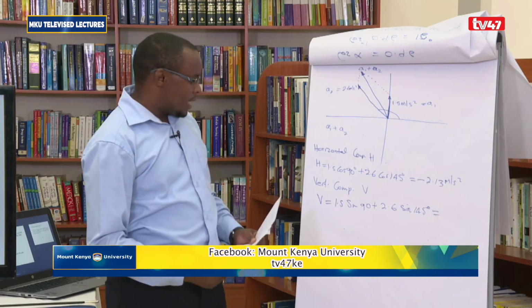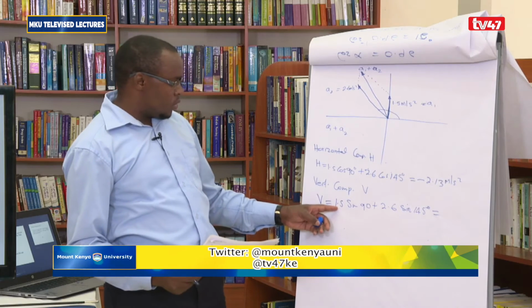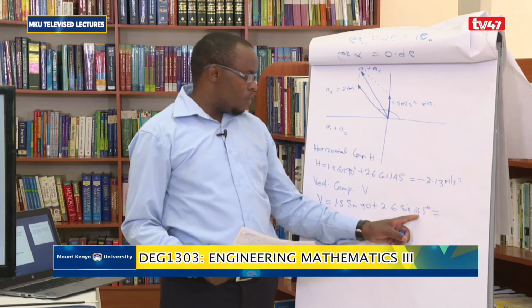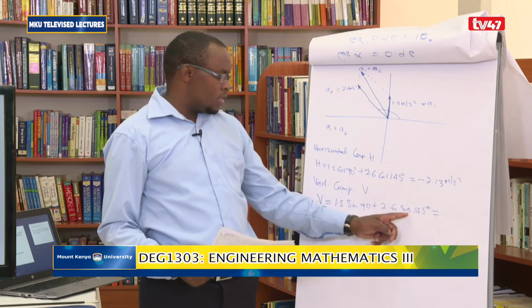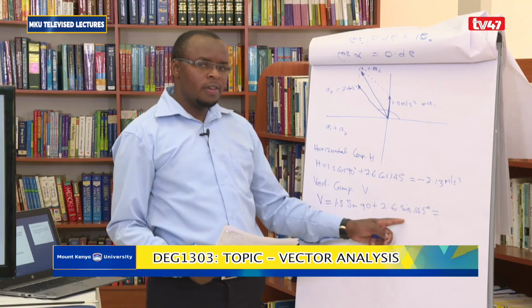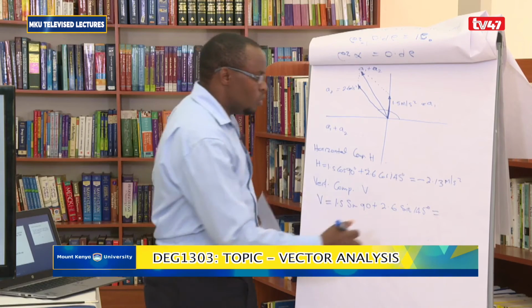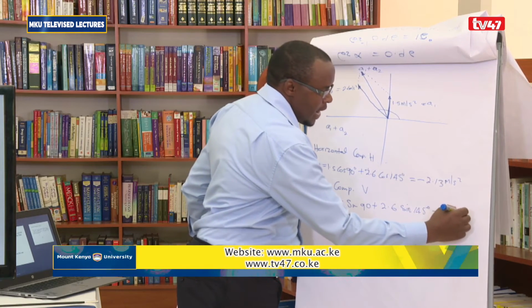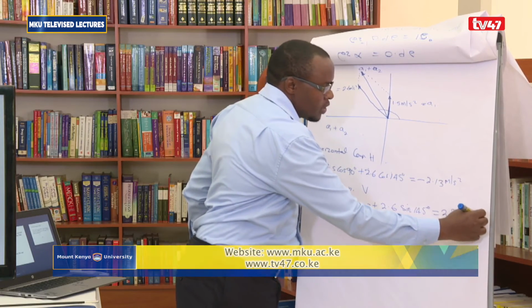So sine 90 is 1 times 1.5 is going to be 1.5, and then sine of 145 times 2.6 is going to give you around 1.49. Then when you add 1.5, it's going to give you around 2.99 meters per second squared.